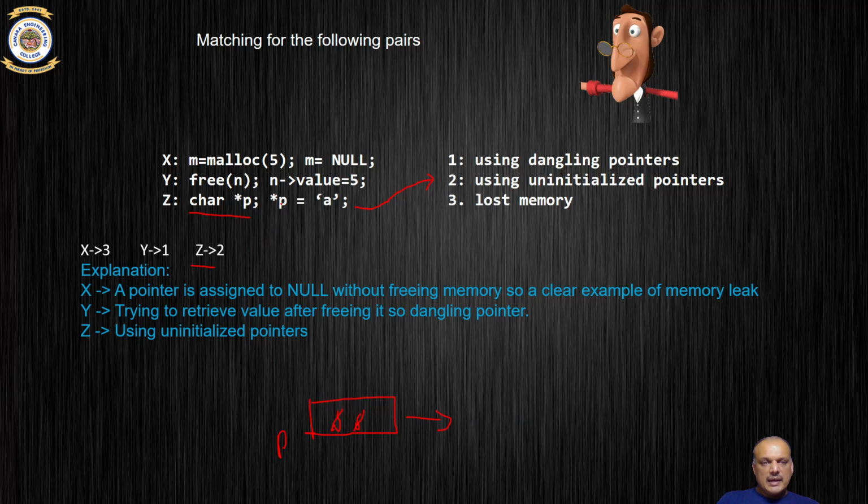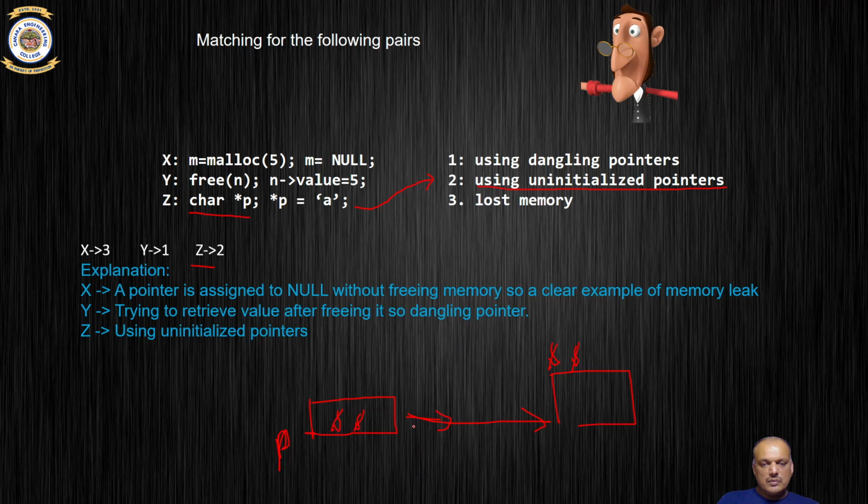Then I'm saying value at p is equal to a. When I say value at p, the value pointed to by the address at p is equal to a. So what is the address at p? You have not initialized any memory space, or you have not referenced this to any memory space in the memory. So you are using a pointer with uninitialized memory.